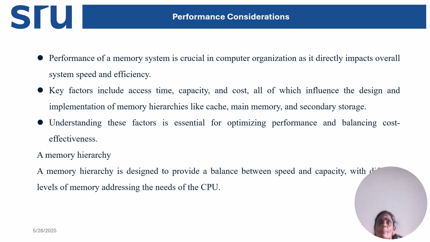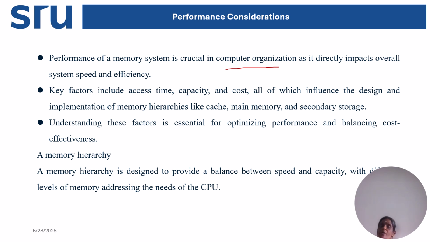Next one, performance considerations. The performance of a memory system is crucial in memory organization, as it has an effect on overall system speed and efficiency. Total CPU performance depends primarily on memory accesses.